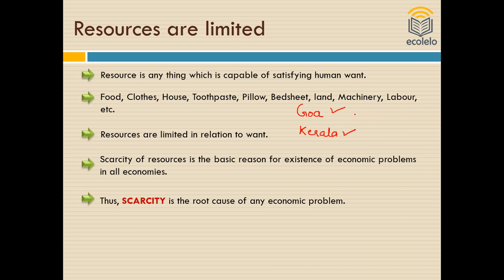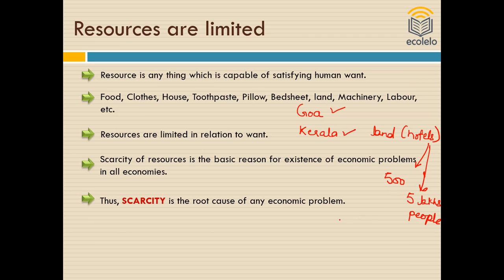Now, automatically, because there are so many people demanding to go to Kerala, the land occupied by hotels becomes scarce. Why? Because, for example, if you have, let's say, 500 hotels and the people who are willing to go are 5 lakh. This is just an assumption to make you understand. So 500 hotels, but 5 lakh people are willing to go. So because of this unlimited want, this resource becomes limited.